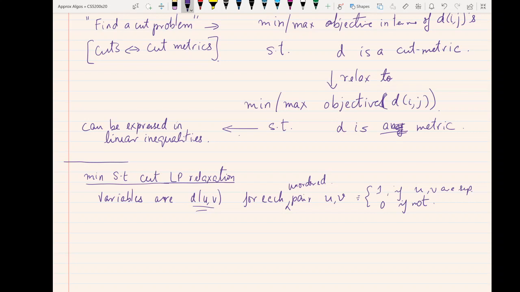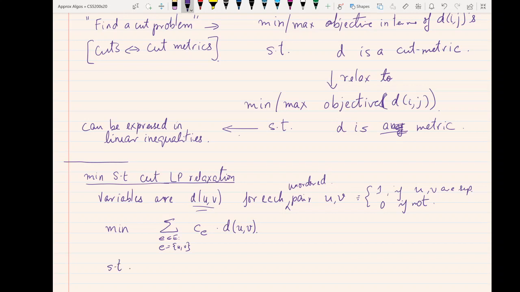Okay, now the objective, of course, is going to be the sum over all edges, where an edge is uv, of the capacity times an indicator of whether u and v are separated or not.